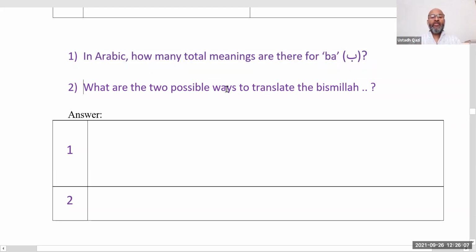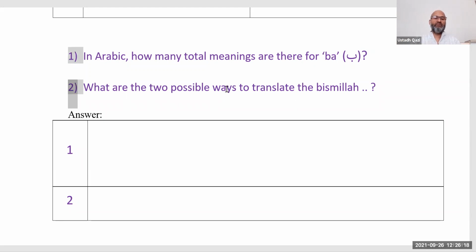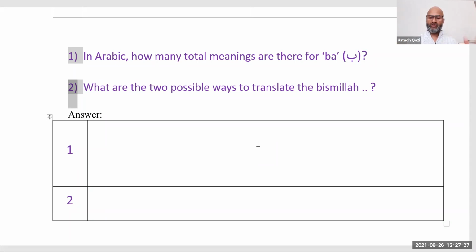And finally, write down the two possible interpretations of the Bismillah ar-Rahman ar-Rahim. What are two ways to translate? So as you can see, there's a lot of parentheses, and that is the job of the mufassir based on linguistics and of course on other things, that the linguist can bring out the hidden meanings, to bring out the implicit and make it explicit for you.